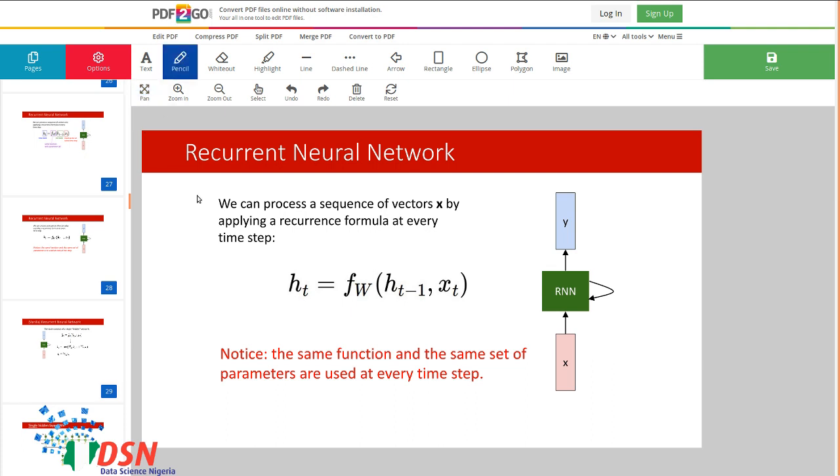And you should note that in each time step we apply the same function to get the hidden state.